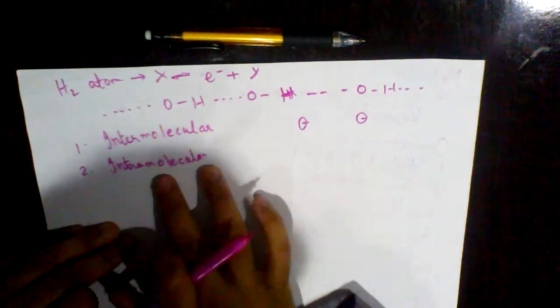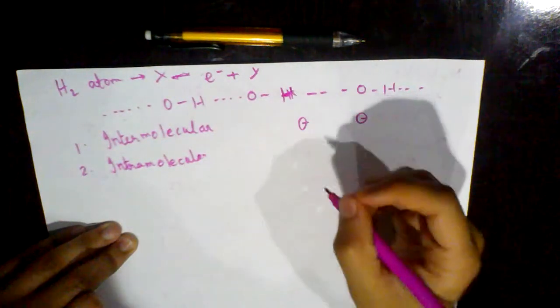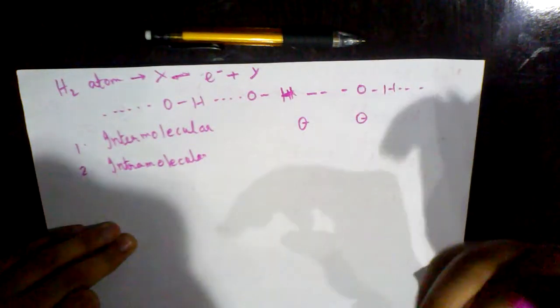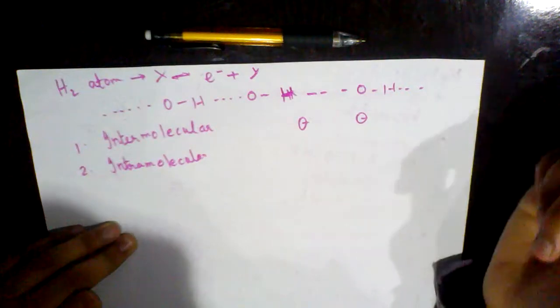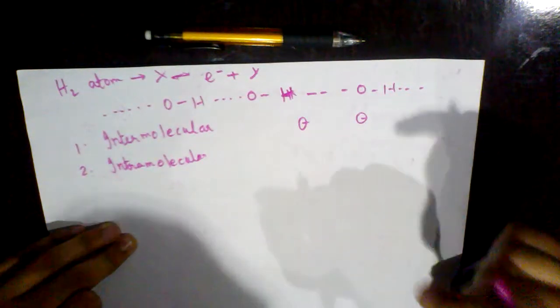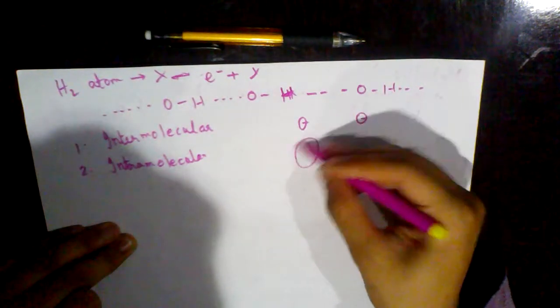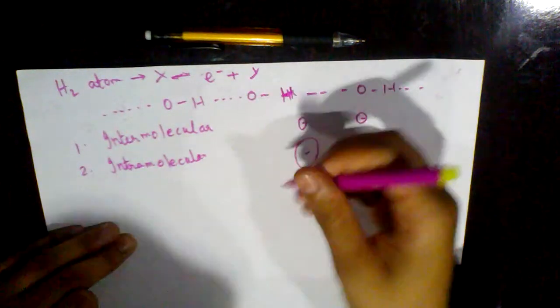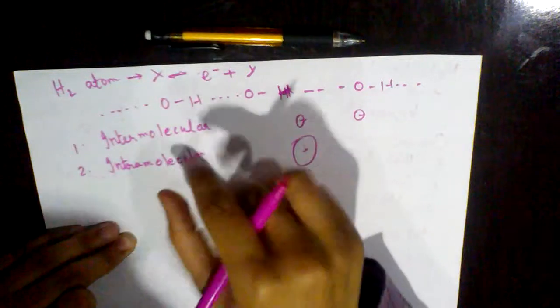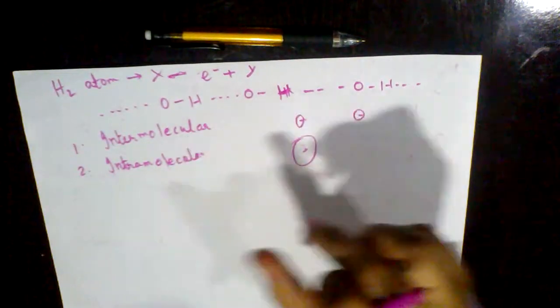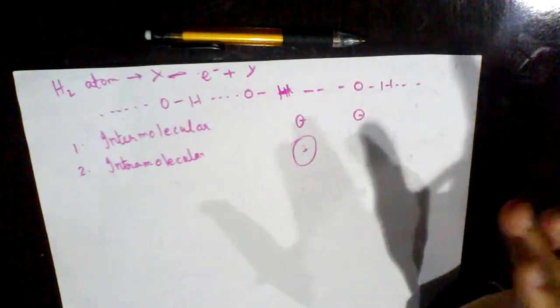However, intra, as the name suggests, is the electrostatic force of attraction between a hydrogen atom and an electronegative element of the same molecule. So when you develop the hydrogen bond inside the same molecule itself, you call it the intramolecular hydrogen bond.